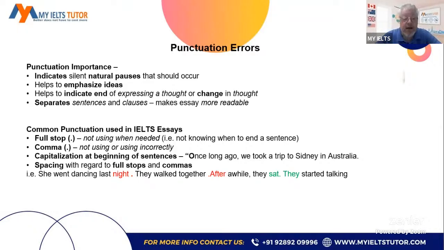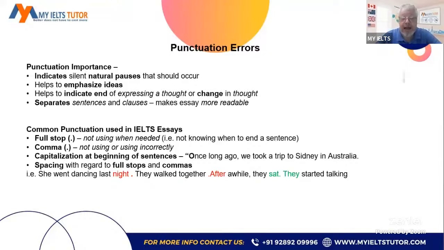So for instance, this is our first example, which shows spacing errors involving a comma. The first one you see, there is a space between the comma and the last word of the sentence.